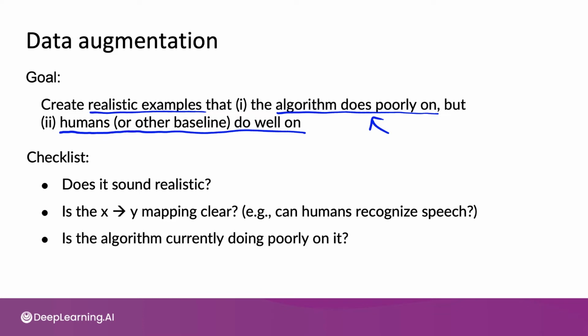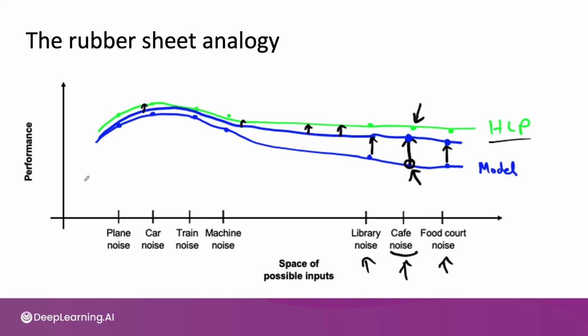And three, is the algorithm currently doing poorly on this new data? And that helps you verify point one. If you can generate data that meets all of these criteria, then that will give you a higher chance that when you put this data into your training set and retrain the algorithm, that will result in you successfully pulling up part of this rubber sheet.